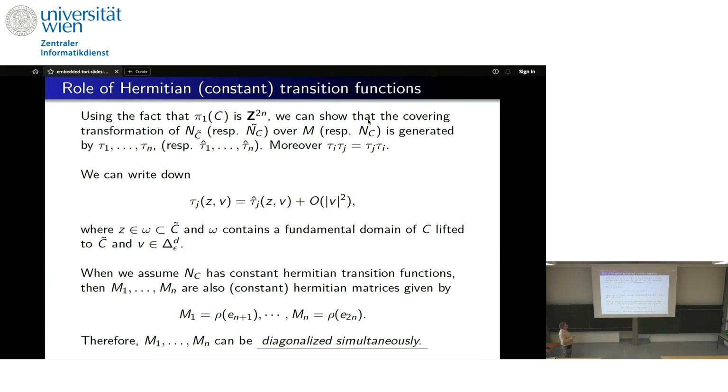It's like that. And so you can write the deck transformation as a perturbation of this guy. For me, V would be the normal directions, say, and Z would be the tangent direction.